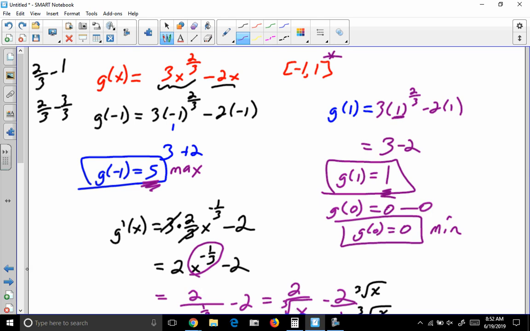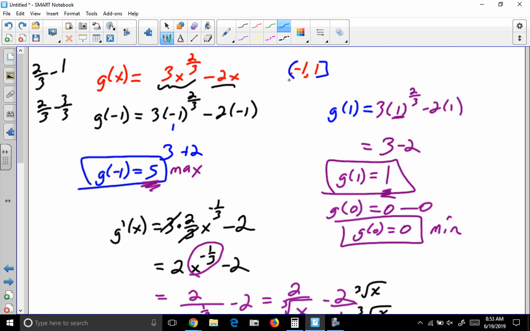Now let's discuss what our minimum and maximum would be if we slightly closed or changed our interval. If we change this to an open interval, let's say we make the left side open, so we're not including -1 anymore.